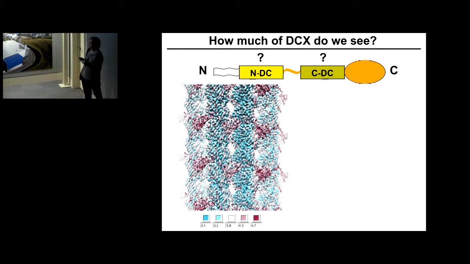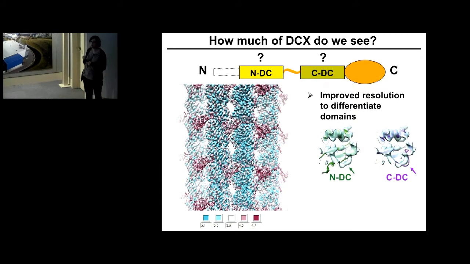There could be a number of explanations for that, but we think at least one of the things contributing to lower resolution in this region is heterogeneity of occupancy of the different domains within Doublecortin, because in principle you could think that this domain is occupied by maybe exclusively NDC, and that the rest of the protein is completely flexible and not seen at all in our reconstructions.